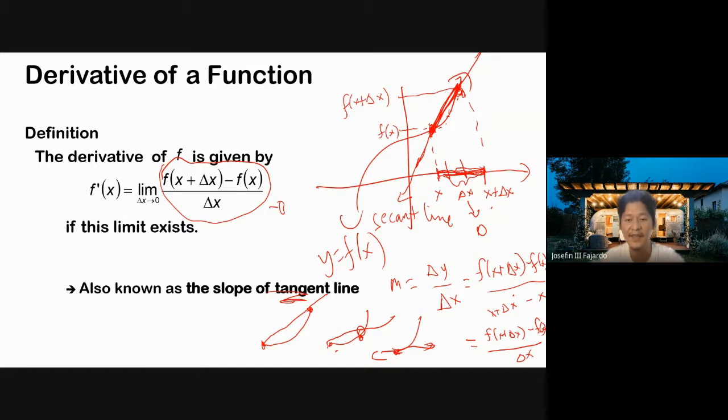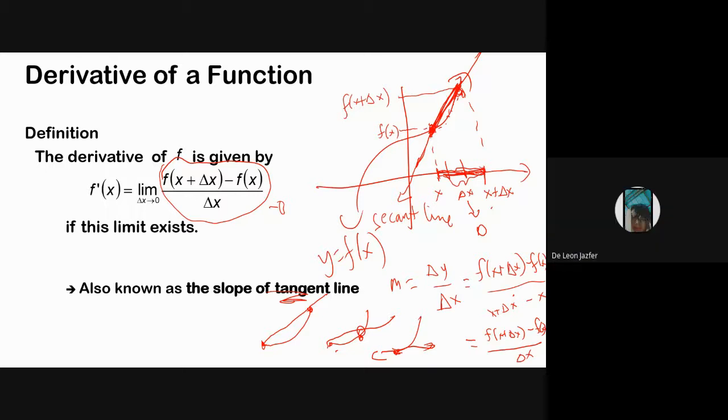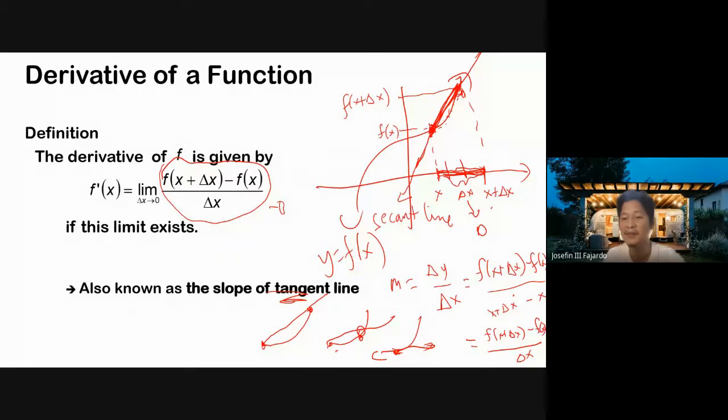Okay? Are you familiar with tangent lines, guys? Yes po. Okay, pag sinabi nating tangent line, parang kunwari, meron kang bilog, di ba? If you try to put a flat object, for example, nakikita niyo ba yung ganito?